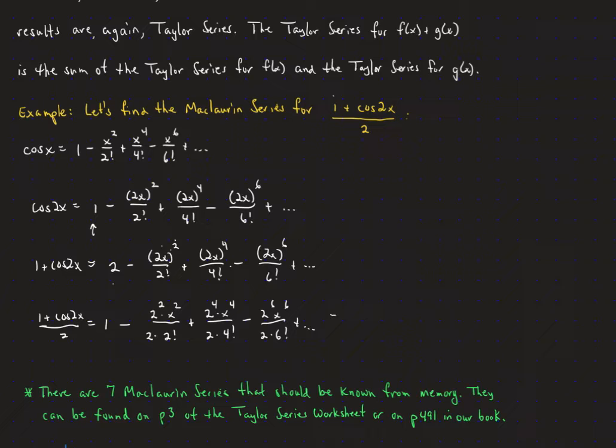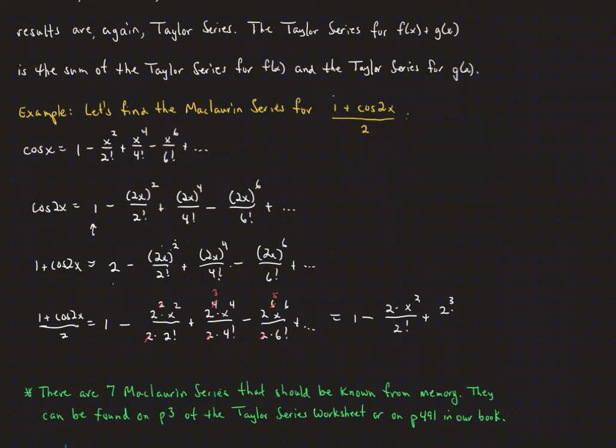So finally, what I think we can do is we can cancel a 2 with each of those powers of 2 there. So our final result is going to be that 1 minus, and then we're going to get 1 less power of 2 than we have power of x, but the factorial in the denominator will still match the degree of the power of x.